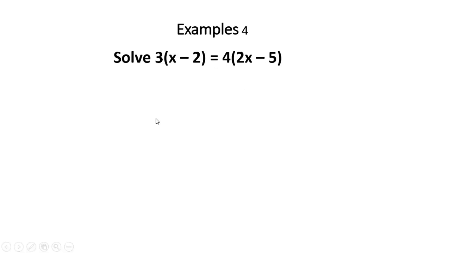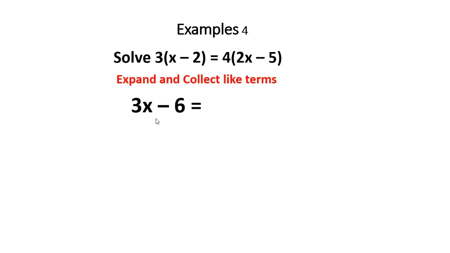Okay, let's take another example. Here we have to solve this equation. Now what do you do? The first thing you're going to do is expand, and then collect like terms. How do you expand?